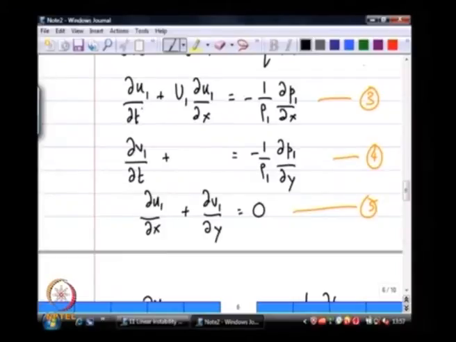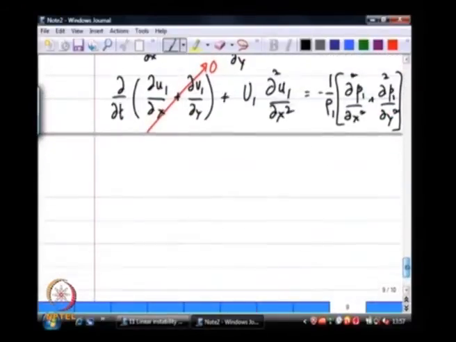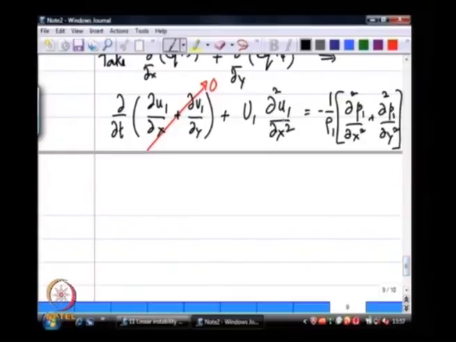So, essentially these are 3 equations in terms of 3 variables, u 1, v 1, p 1. What I have done is I have eliminated v 1, I still have u 1 here.